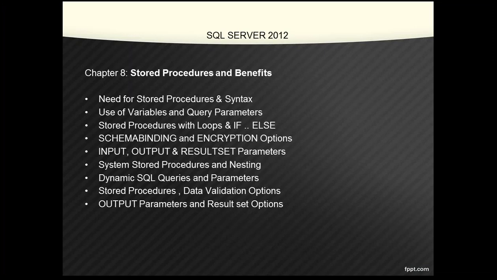This is a very important chapter. I will show you how we can create our own stored procedure, how a user-defined stored procedure understands what you are looking for, and how it shows the result within a fraction of a second. This is called stored procedures, and its benefits and everything we discuss here.